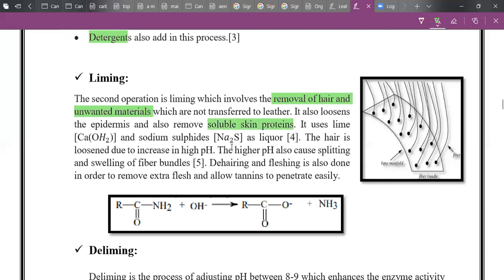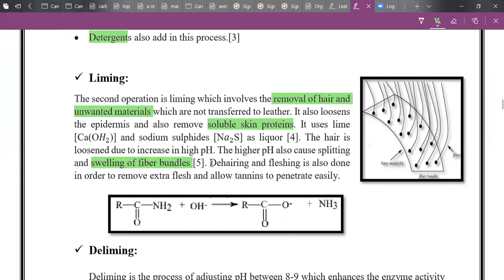It uses lime and sodium sulfide as liquor. The hair is loosened due to the increase in pH. High pH means a basic solution. The high pH also causes splitting and swelling of fibrous bundles.